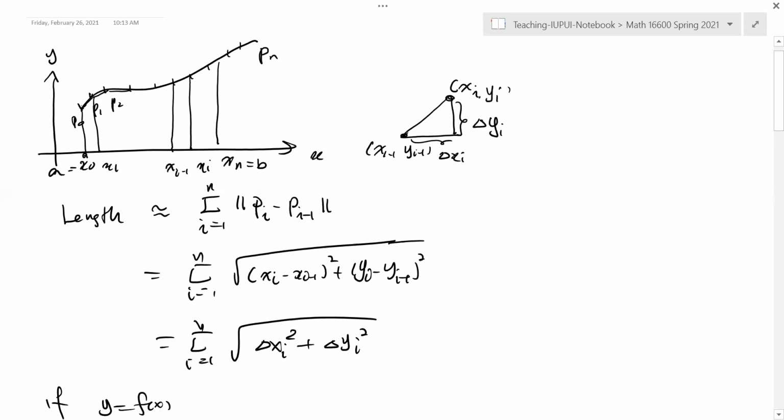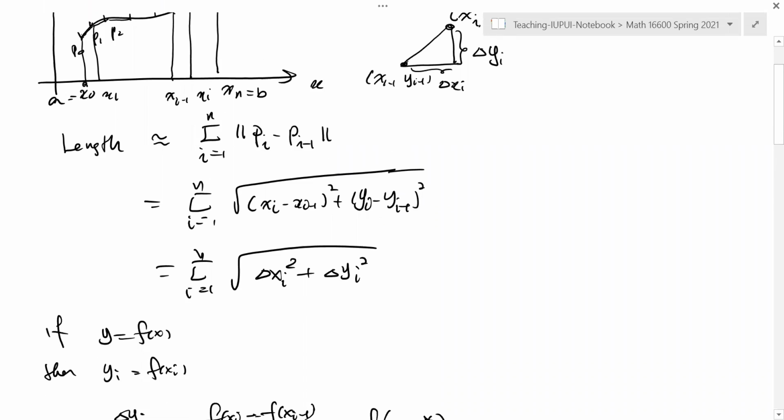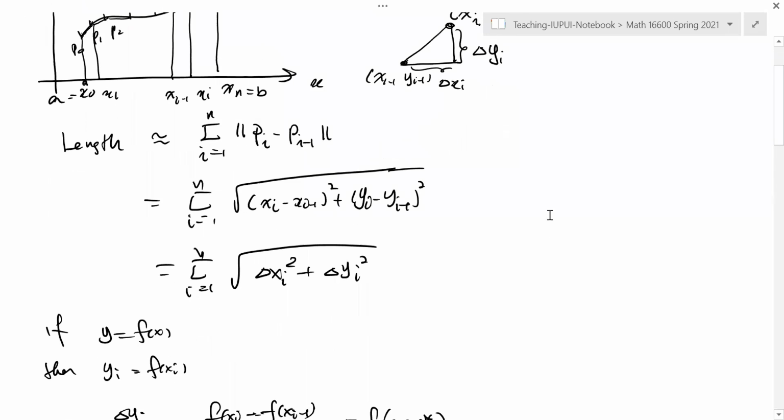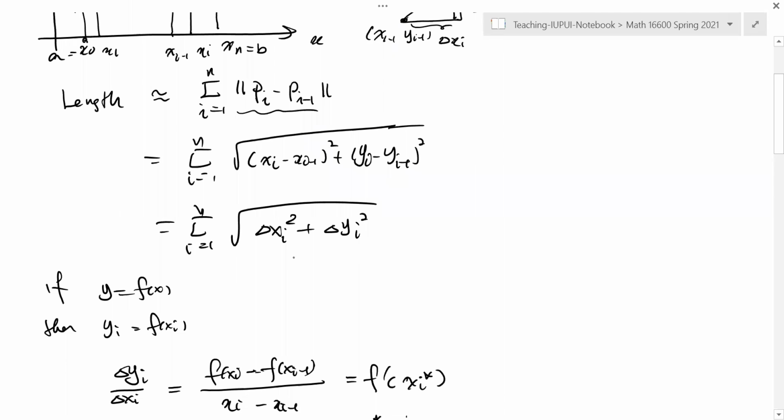Those points are denoted by x0, x1, x2, x3, up to xn. By the Pythagorean theorem, the distance between two nearby points can be computed by a formula. And then you end up with something like that.